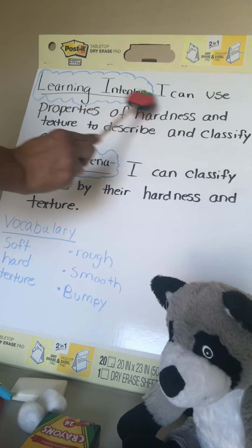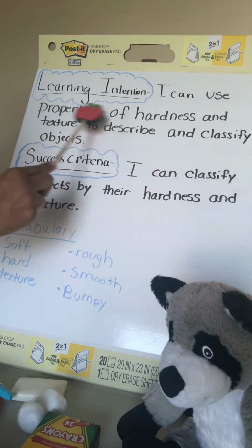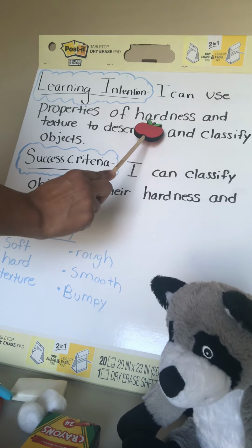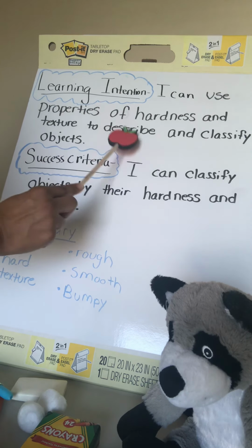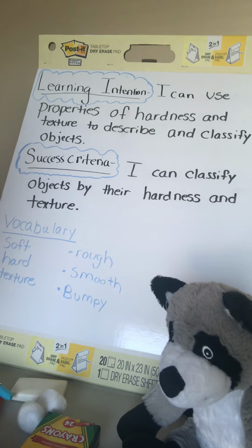Learning intention: I can use properties of hardness and texture to describe and classify objects. Success criteria. Remember, your success criteria is what you can do. This is your learning. Can you produce it?